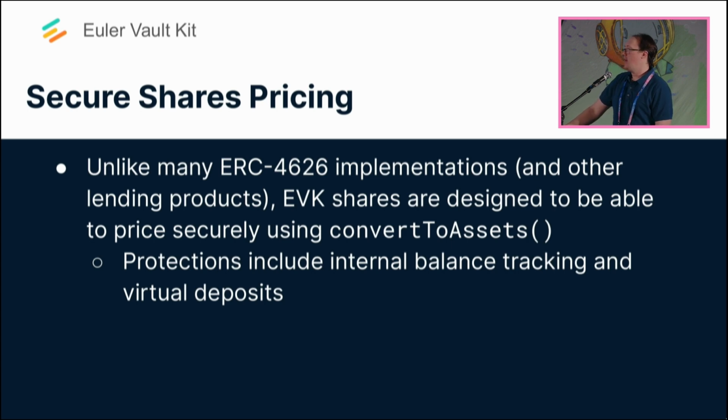Okay, and according to the 4626 standard, the way you read the exchange rate indirectly is with this convertToAssets function, right? So given this amount of shares, how many assets will I get from that? And yeah, the protections that facilitate this are internal balance tracking and virtual deposits.